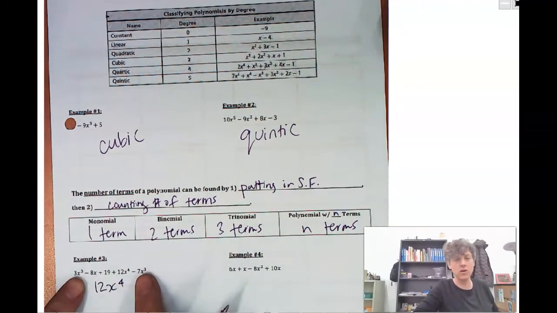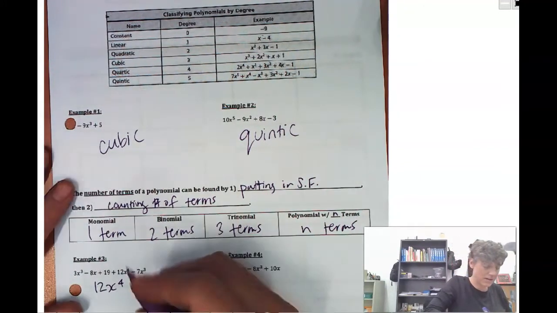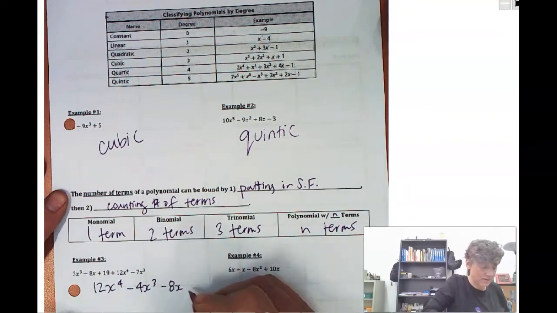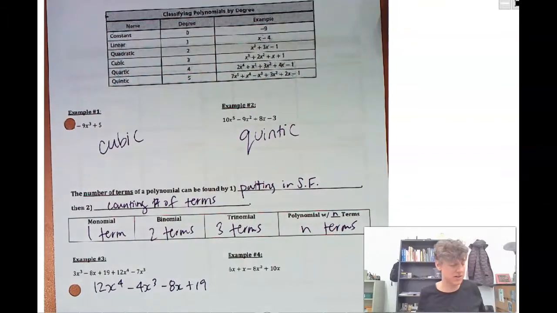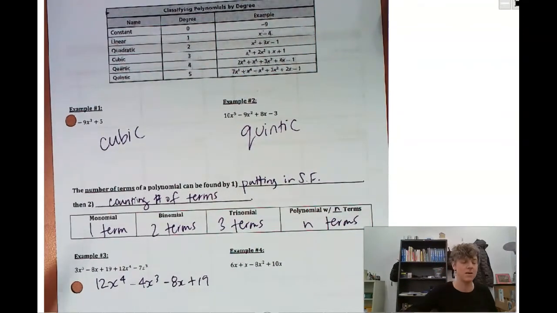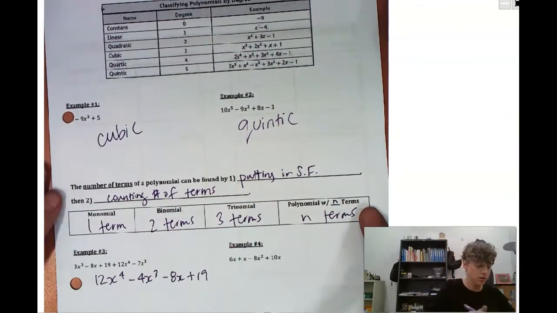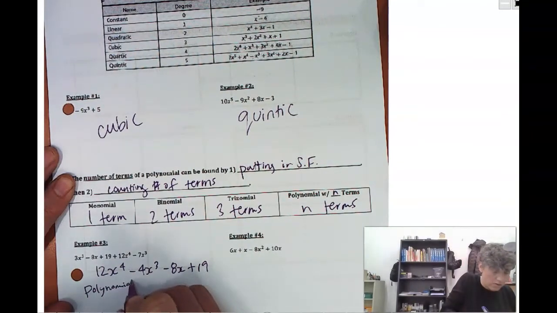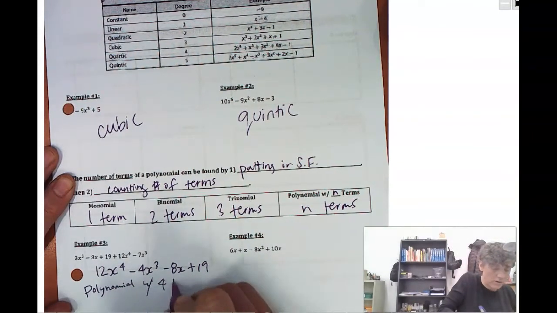We have 2 cubes, which we can combine. 3 minus 7 is going to be negative 4x cubed minus 8x plus 19. So this is now in standard form. Highest exponent is going first. This has 1, 2, 3, 4 terms. So this would be a polynomial with 4 terms.